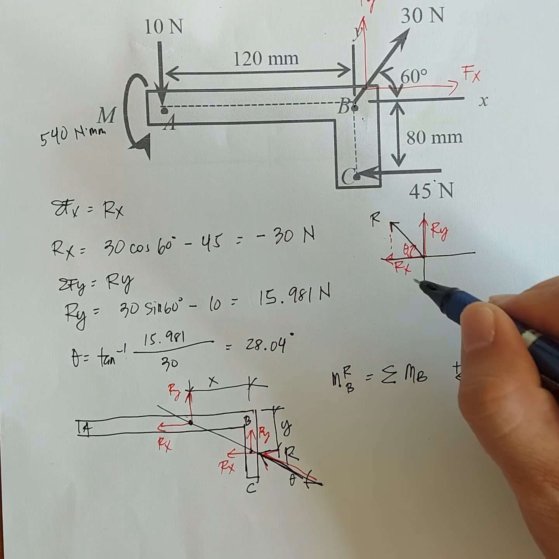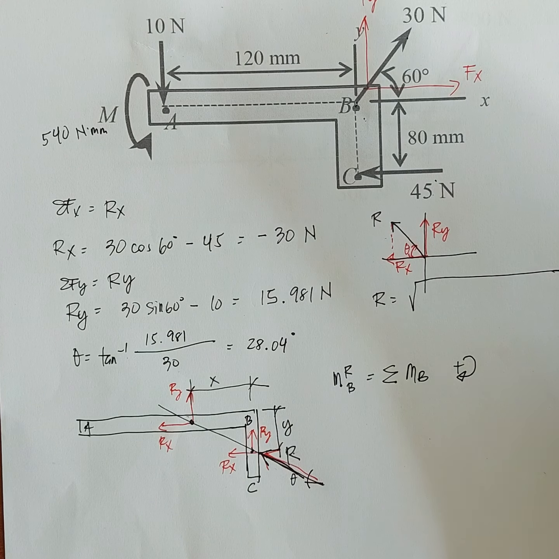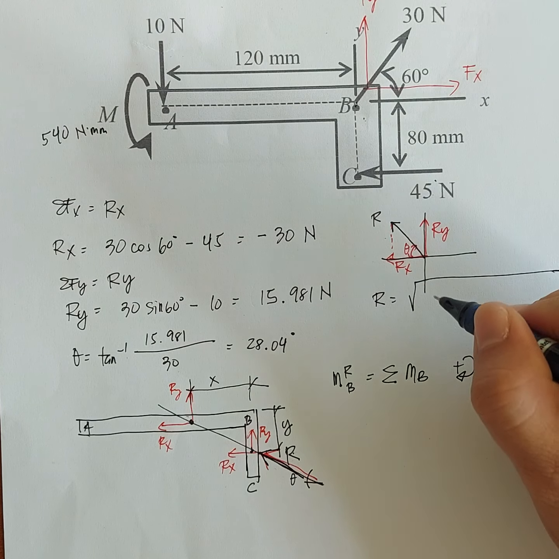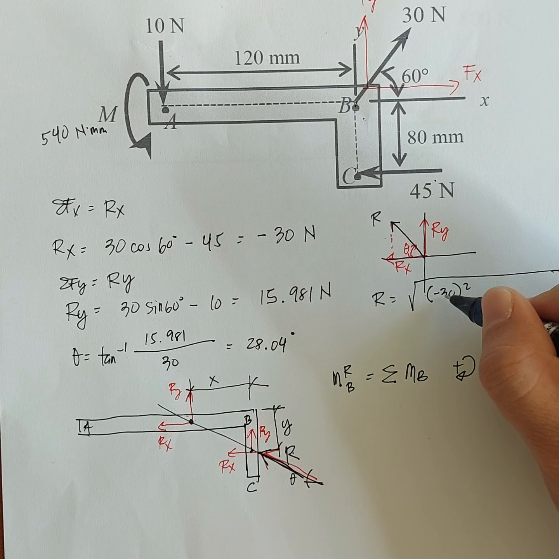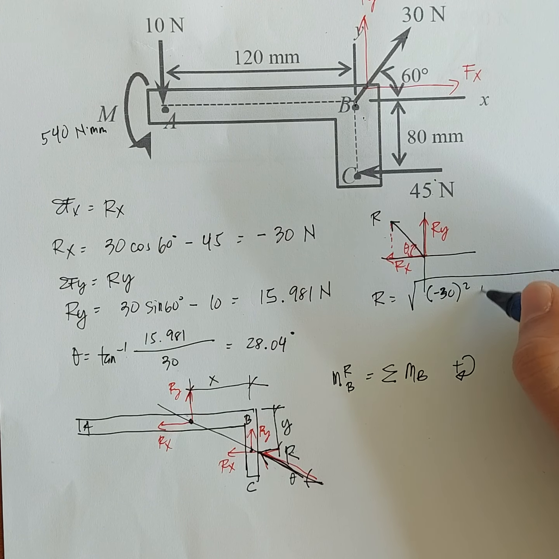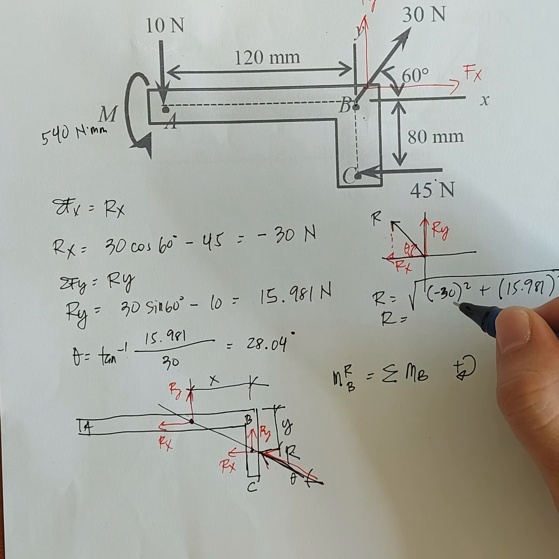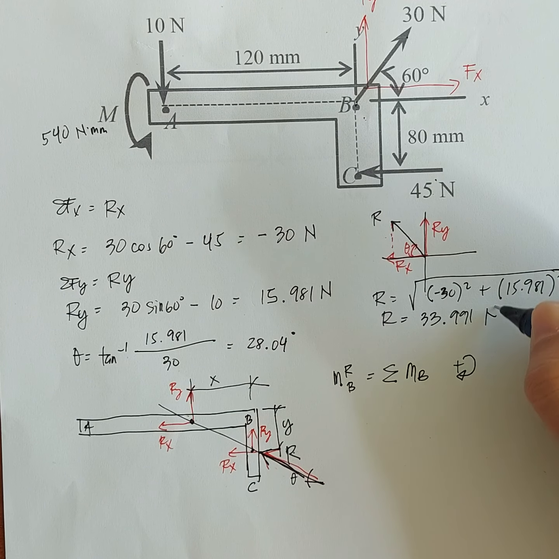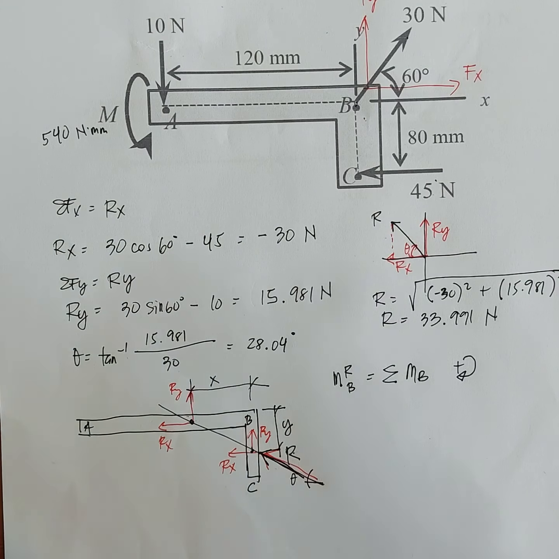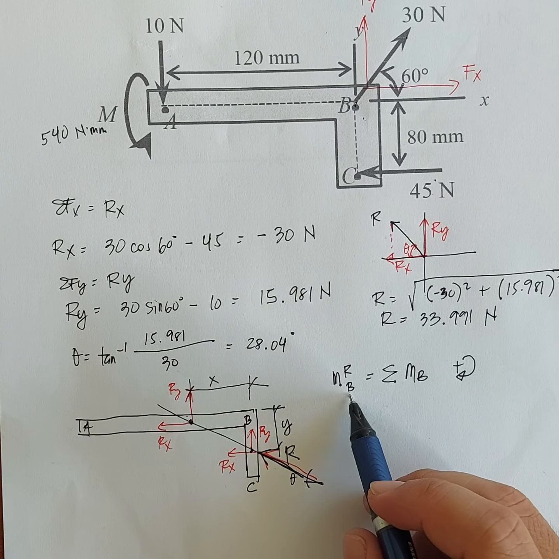So, yung resultant natin is simply equal to the square root of the quantity, -30 squared plus 15.981 squared. So the resultant force is equal to 33.991 newtons.